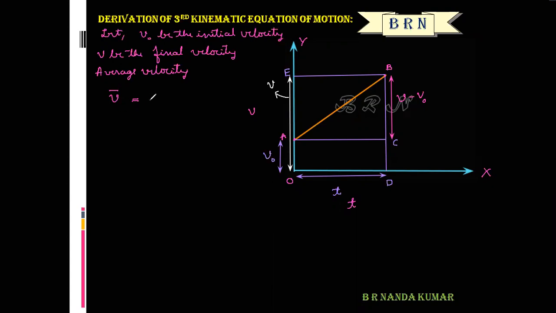So the average velocity is v plus v naught divided by 2, right? Call this equation number 1.